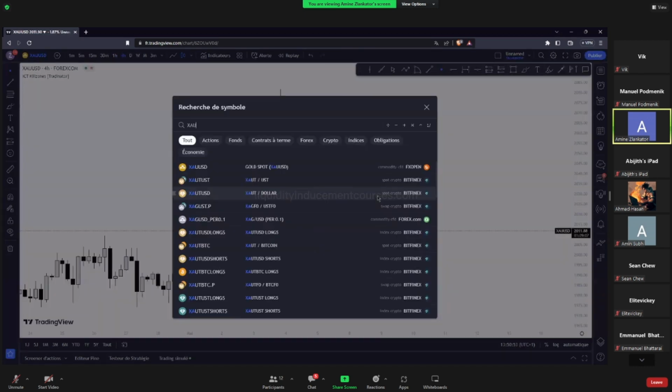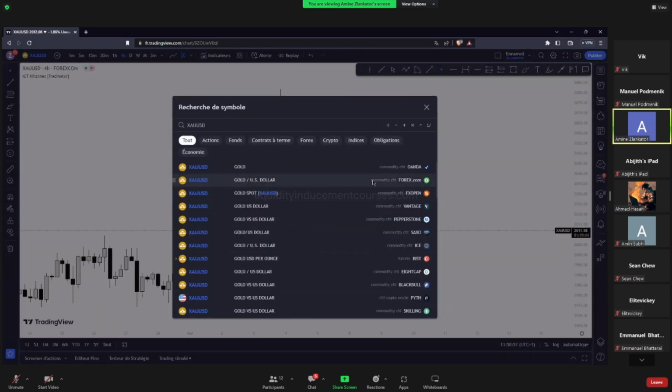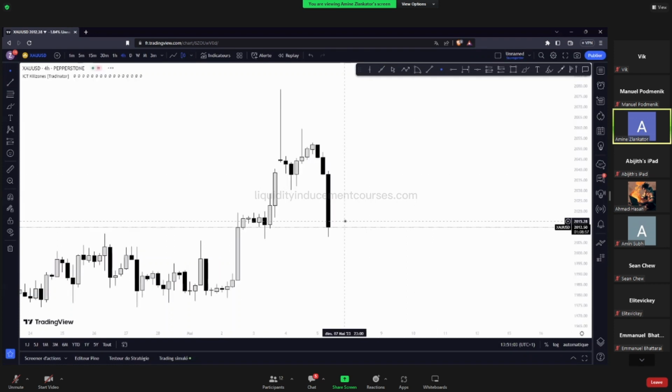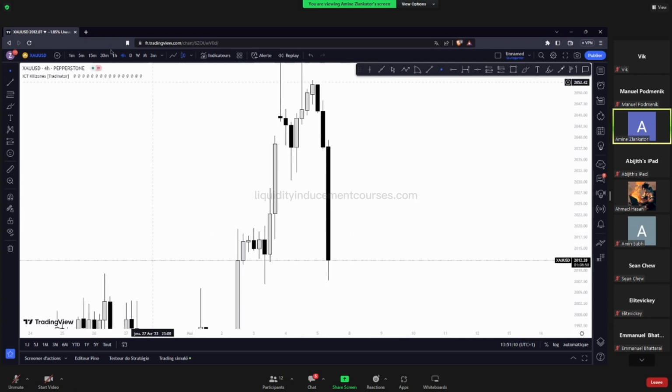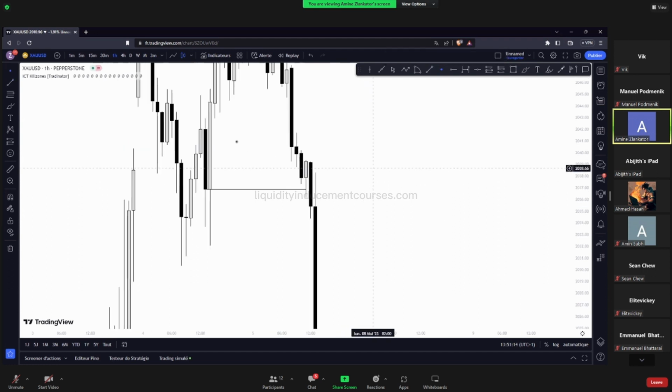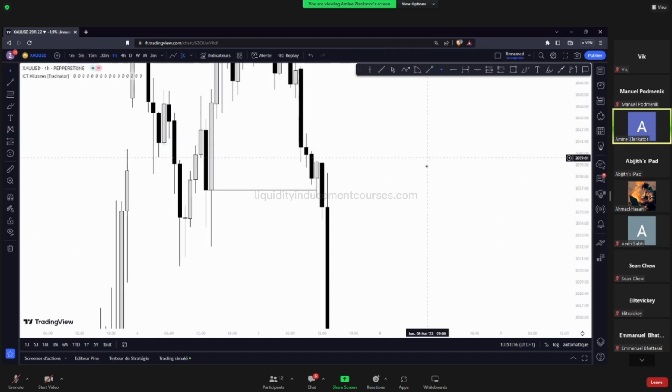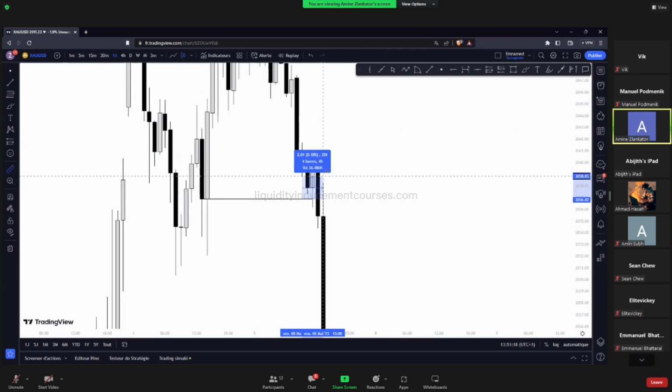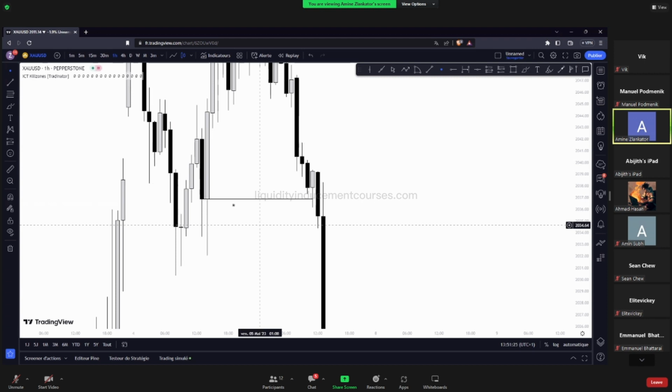On MetaTrader, because I mostly trust MetaTrader, like my Pepperstone, this time I did not really see a break, so I was kind of confused, but I still had a limit right there. Price gave a little reaction and then boom. And then I simply closed it because I was confused.